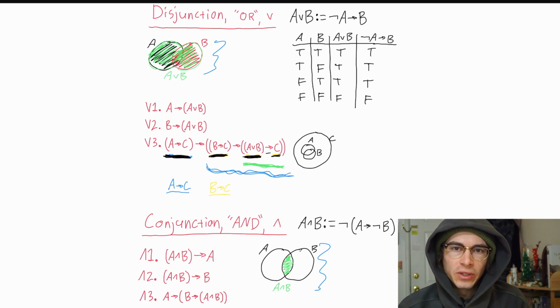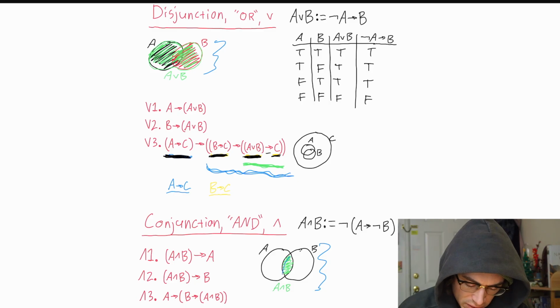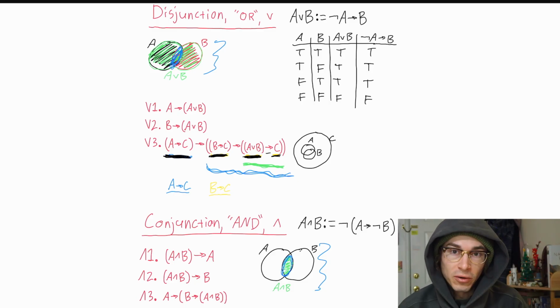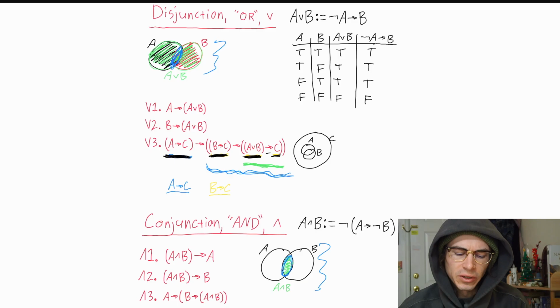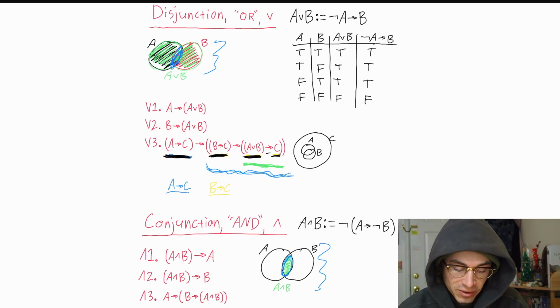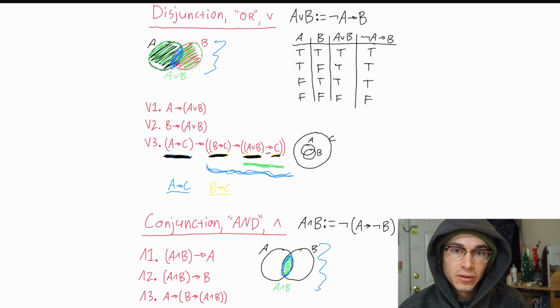One thing I noticed is that they have some overlap. See how they both fill in this central region? The overlap between these two pictures is that they both fill in the overlap of A and B. And I thought that was kind of interesting. So what do "and" and "or" have in common? Well, they have "and" in common.